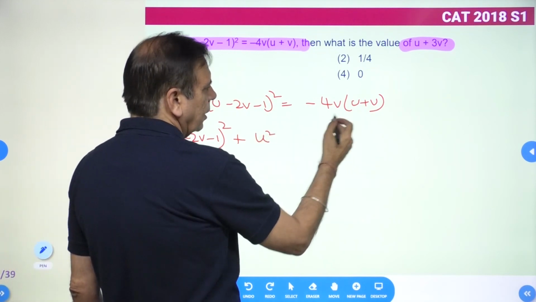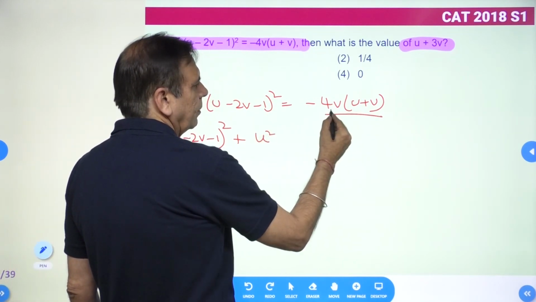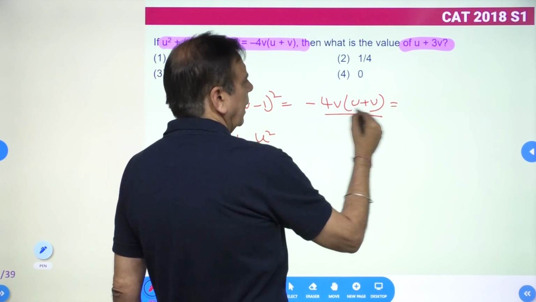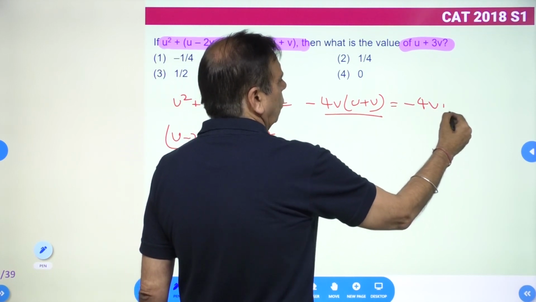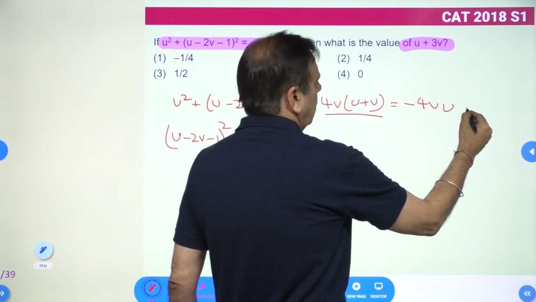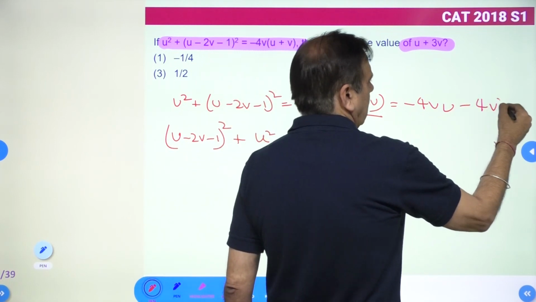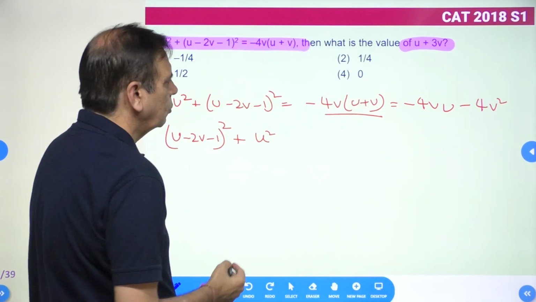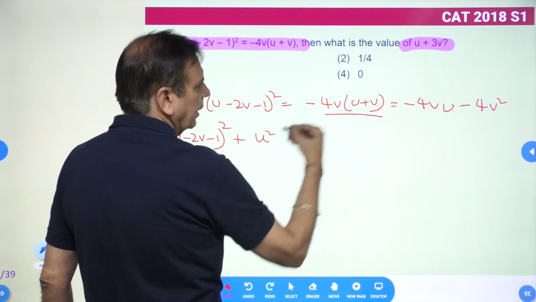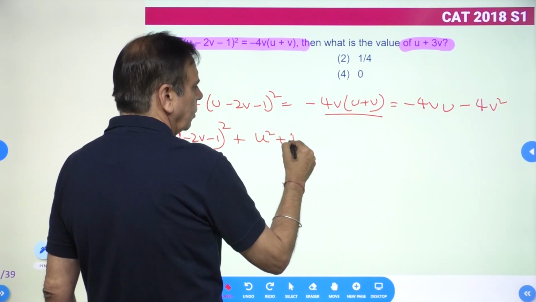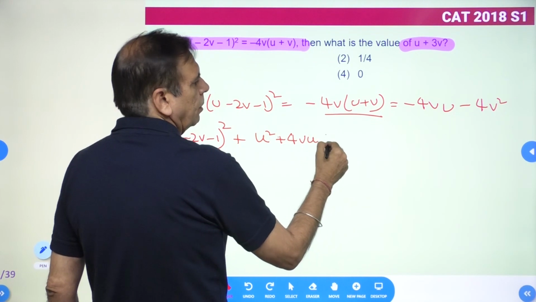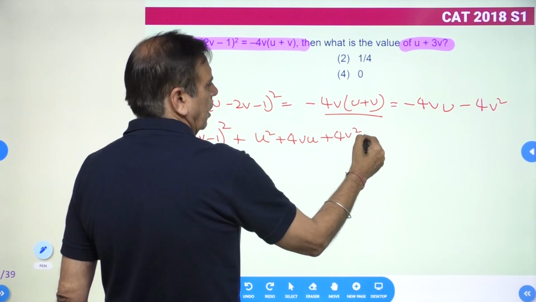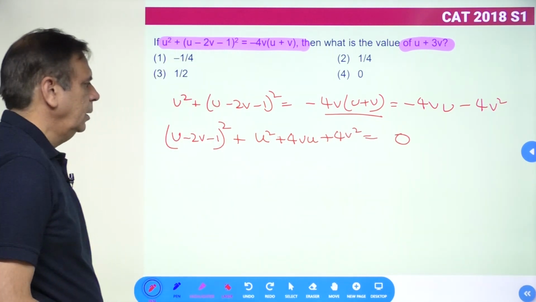If this comes to the left hand side, what will come? I can write minus 4vu minus 4v square. So u square minus 4vu becomes plus 4vu, plus 4v square is equal to 0.